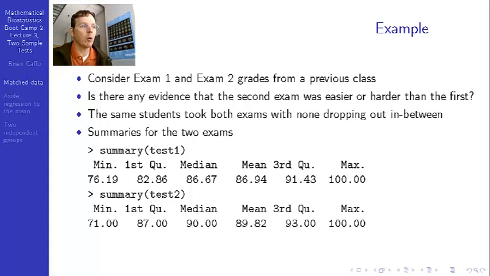I have exam 1 and exam 2, and I'm going to ask, is there any evidence that the second exam was easier or harder than the first? One way to investigate that would be to ask whether the mean of exam 1 was different from the mean of exam 2.